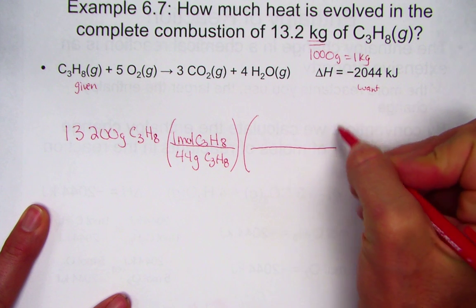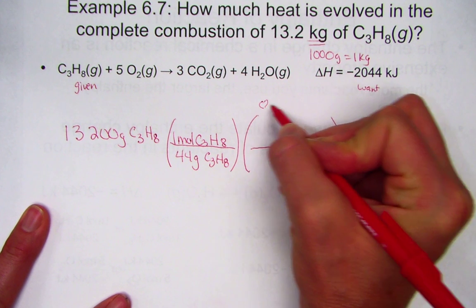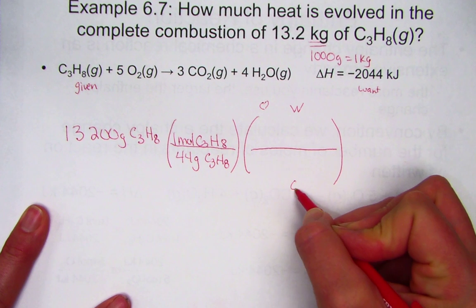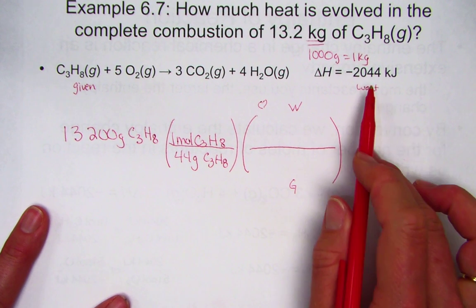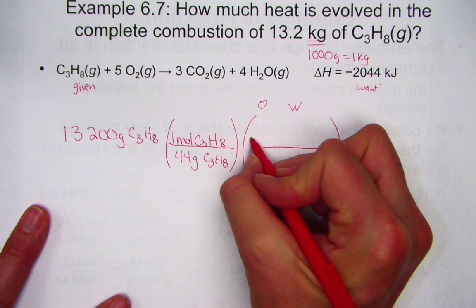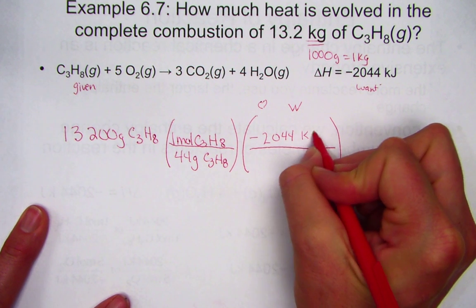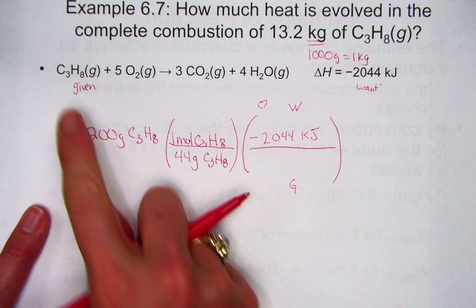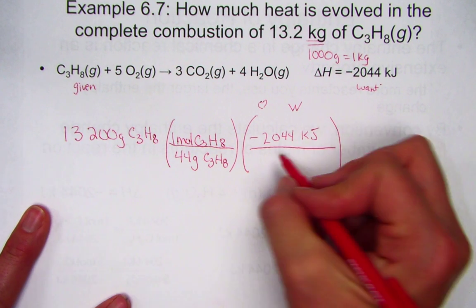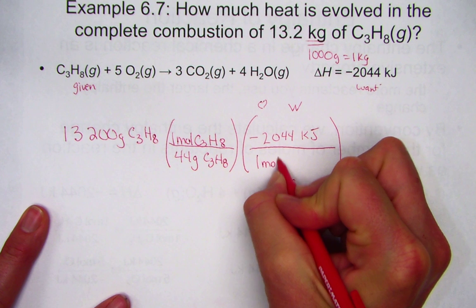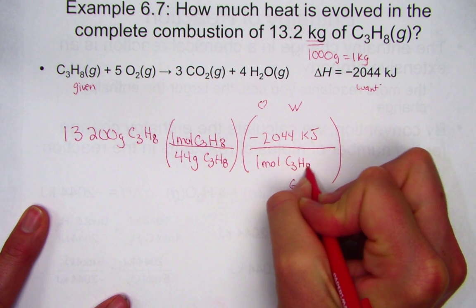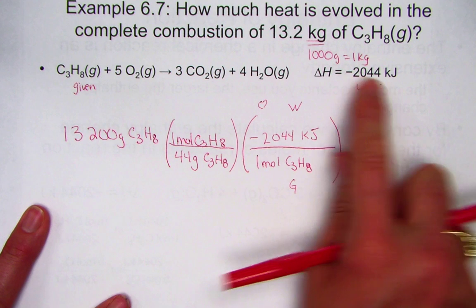We're now ready to do the heart of our problem, the stoichiometric ratio of want over given. We want to know kilojoules of heat energy. There's 2,044 kJs of heat released for every 1 mole of propane that combusts. A want over given ratio of 2044 set over 1.